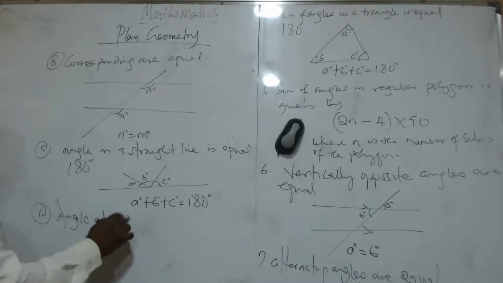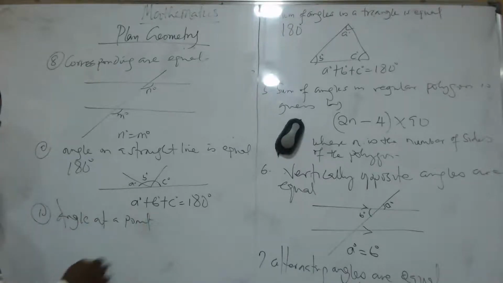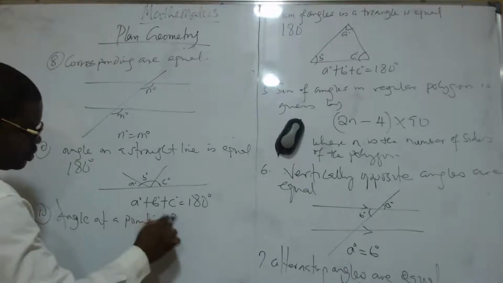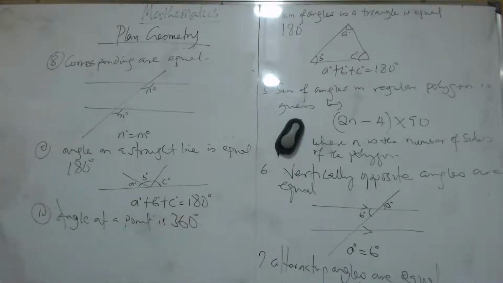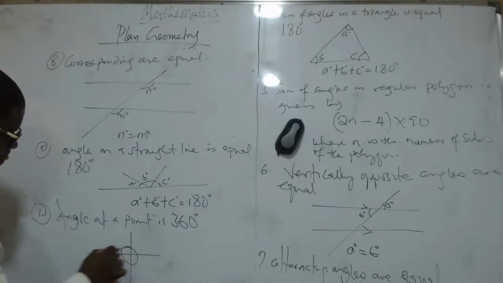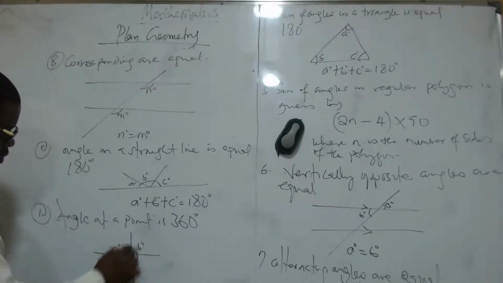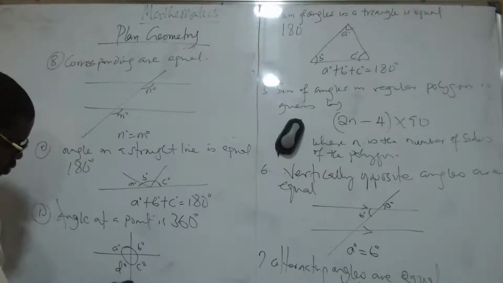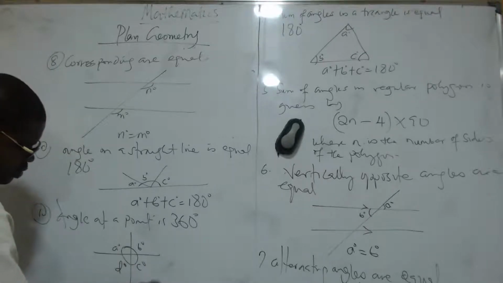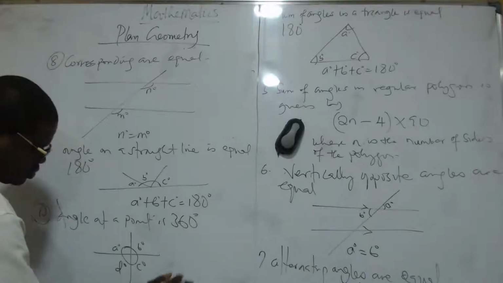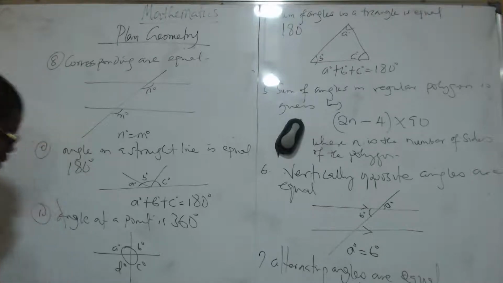Angle at a point is 360 degrees. A, B, C, and D. So you have A plus B plus C plus D equals to what? 360 degrees.